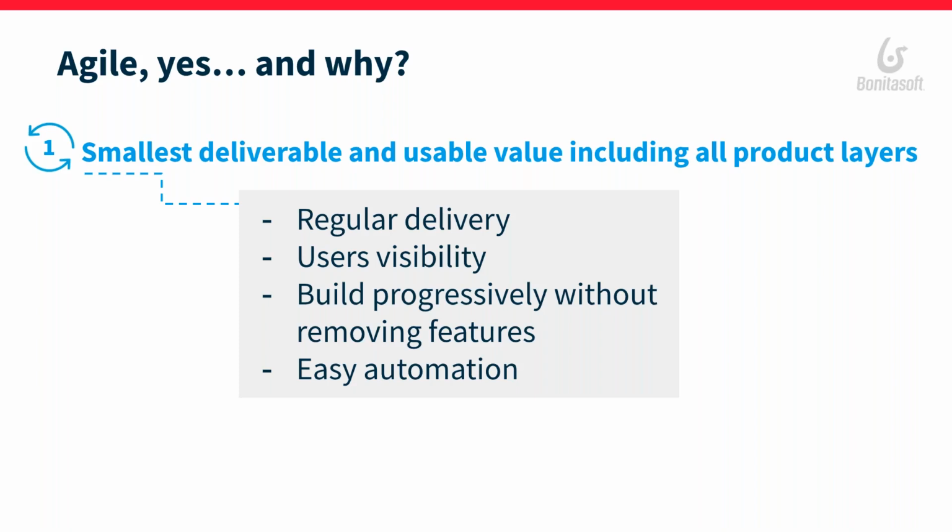Even if it's not for all users, as at the beginning in your discovery phase you have defined a set of users working with you, they will see it every 3 weeks and they can tell you, okay, for that, I would prefer that we change that. More than that, you will build it progressively, step by step. So you are not supposed to remove features nor make major changes.